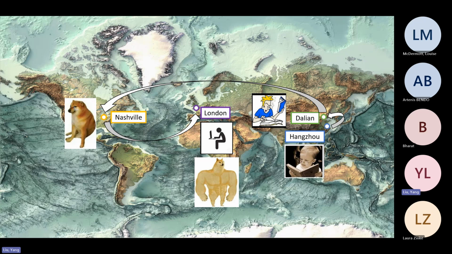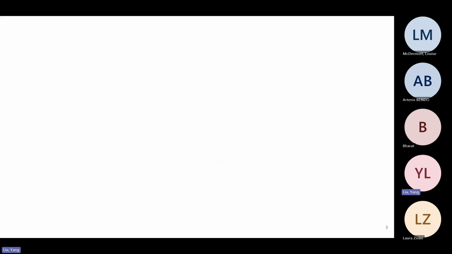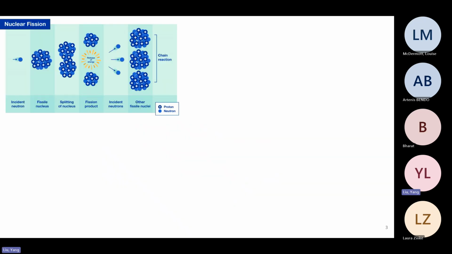If you start to think about nuclear energy, what would be the image in your mind? Probably a nuclear atom splitting with respect to the neutron, and then releasing neutrons to split more uranium atoms so that it induces a chain reaction.